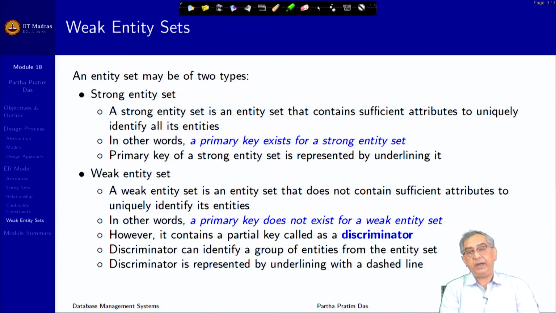Now, if I have an entity set where there is no primary key, but maybe there is a set of attributes, typically called a discriminator, which uniquely identify a group of entities in that set, these are typically called a weak entity set.